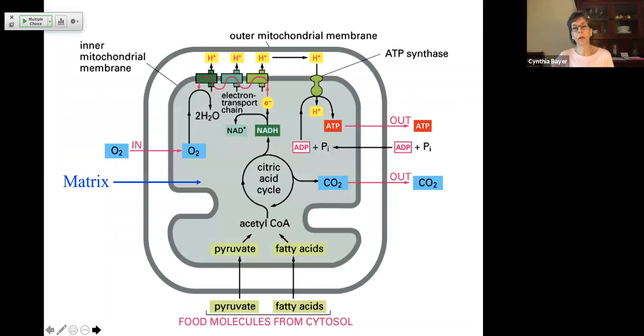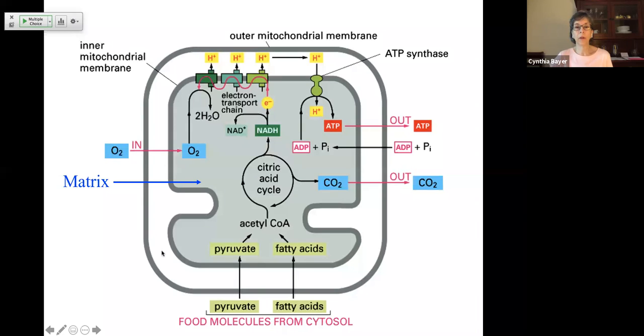What happens to all of those electrons that have been extracted in our citric acid cycle? How is the cell generating the ATP that it needs? Sure, some cells generate a little bit of ATP out here in the cytoplasm. Every cell can undergo glycolysis and generate a little bit of ATP.